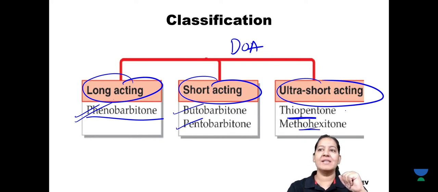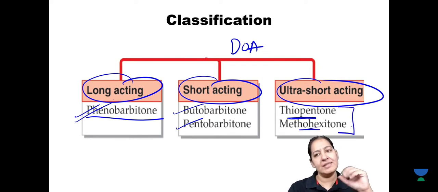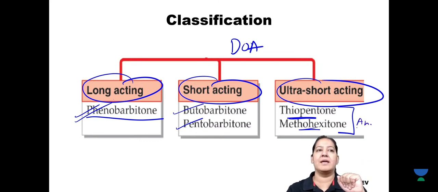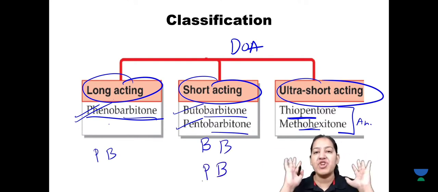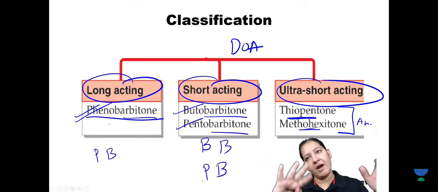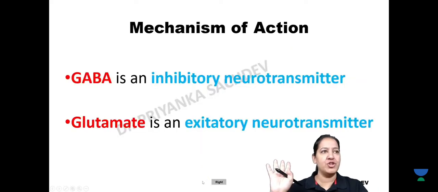These are used as anesthesia, not as sedatives. So basically, long acting is phenobarbital and short acting are butobarbital and pentobarbital; barbital is the suffix, so three barbitals are there. Apart from them, there are also anesthesia drugs. Should I move ahead? Okay, let me go ahead.